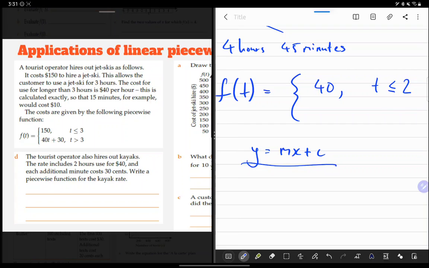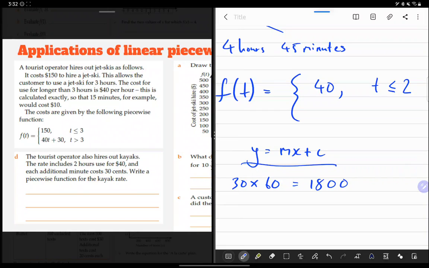Remember, our t is not in minutes; it's in hours. So in an hour, how much extra are we paying? That would be 30 times 60, which is 1,800 cents, not dollars. So don't forget that.